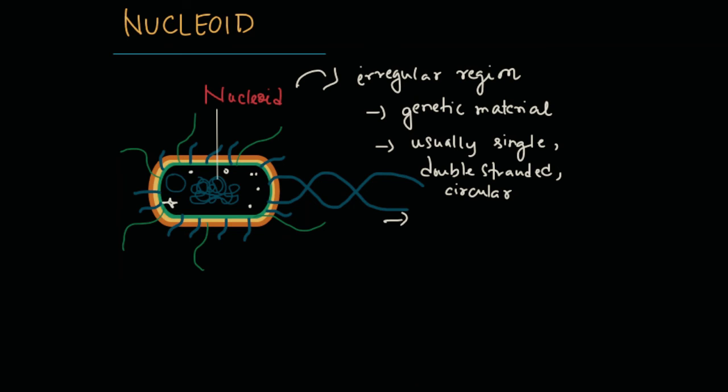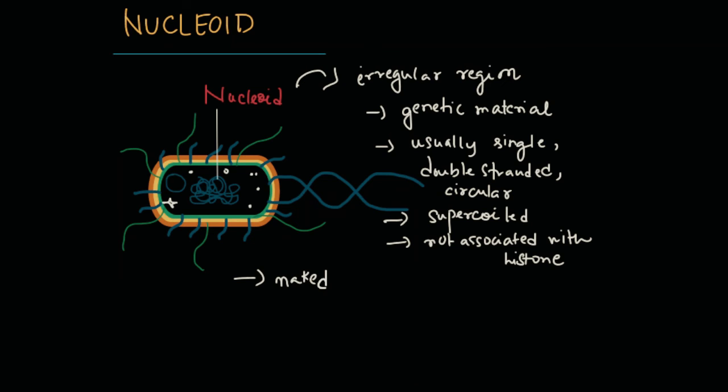The chromosome that is present in the nucleoid is supercoiled, but they are not associated with histone proteins, which we will see in the eukaryotic cell. The prokaryotic chromosome or genetic material is often referred to as naked.